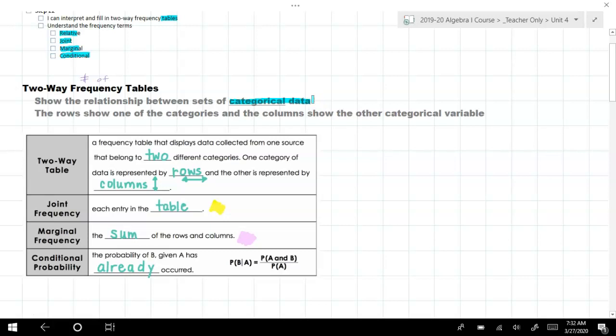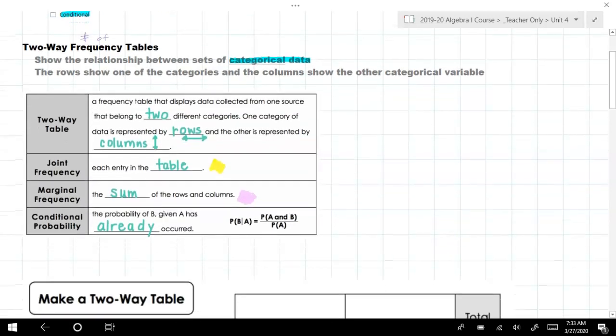We have to display the variables appropriately, depending on whether they are numerical data or categorical data. The rows show one of the categories and the columns show the other category. So it's each category, one category across the top, one category down the side, their intersections in the middle of the table.